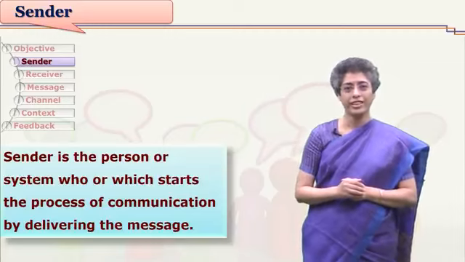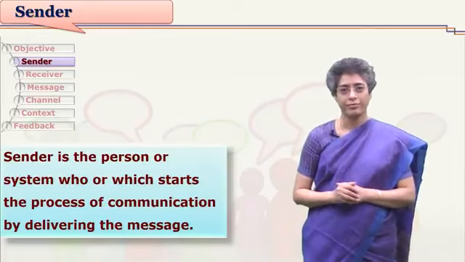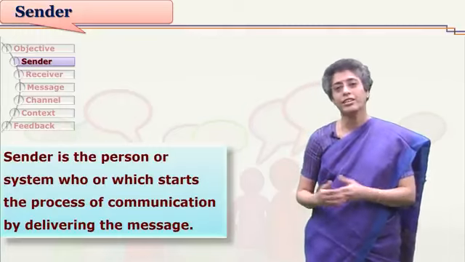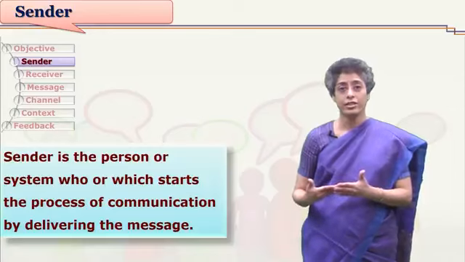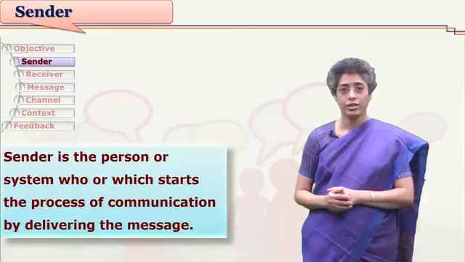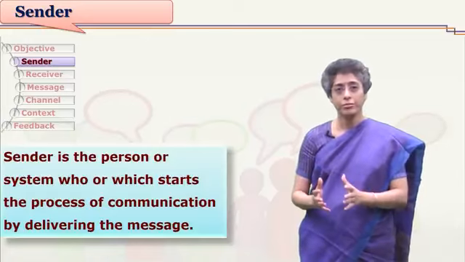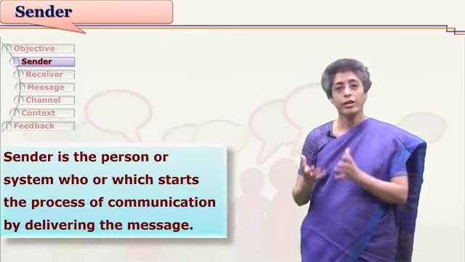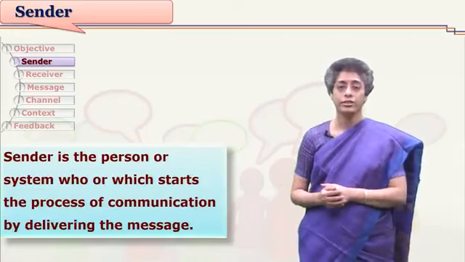You might be wondering, why is the sender a person or a system? Many times human beings themselves start communicating. But wherever there is a situation where a human being cannot impart information or start communication, human beings use some different channel or system or device to communicate with others.